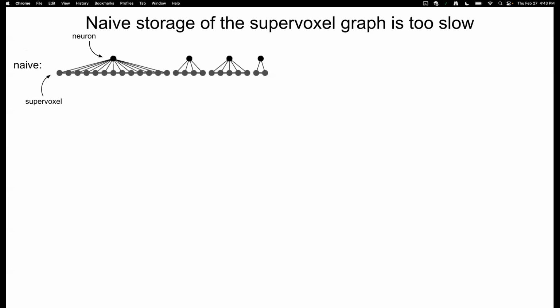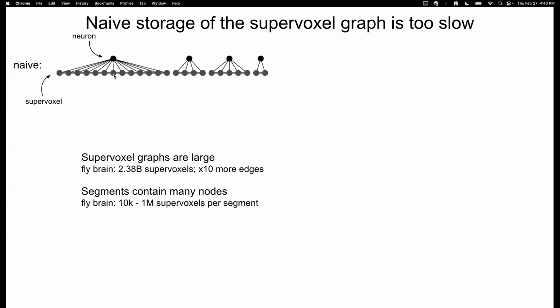And to highlight this, here is a naive implementation of this connected component algorithm, where we have all the supervoxels down here on the x-axis, and the ones that belong to one connected component just point to one neuron ID, you can imagine. The problem is that in those graphs, in the fly brain in particular, we have over 2 billion supervoxels and 10 times more edges.